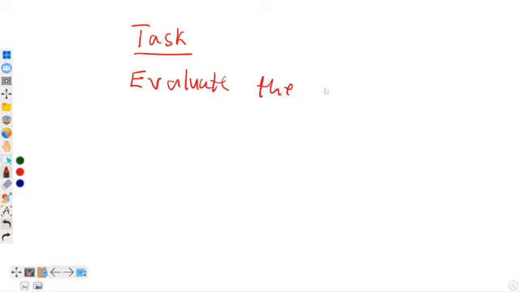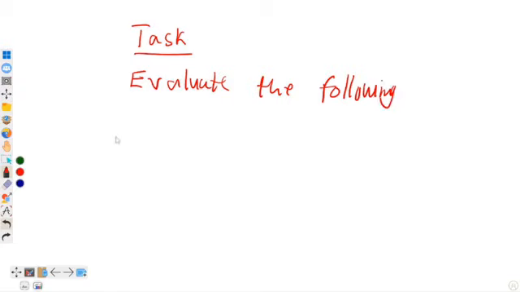So for the task you say evaluate. Remember what I said about evaluate? Evaluate the following. We are not simplifying, we are evaluating, meaning that we need to find the value. Evaluate the following.